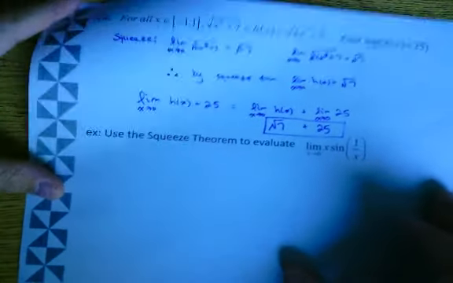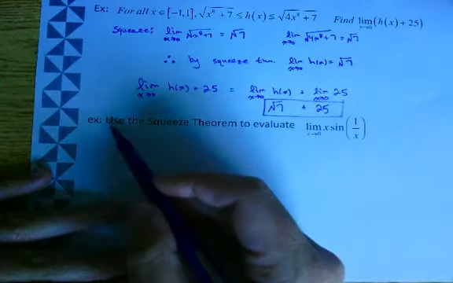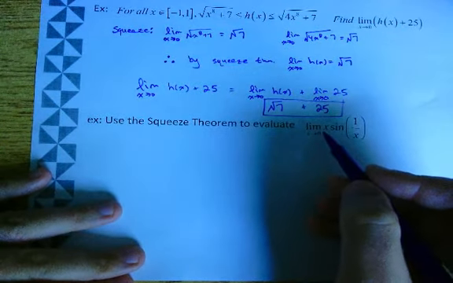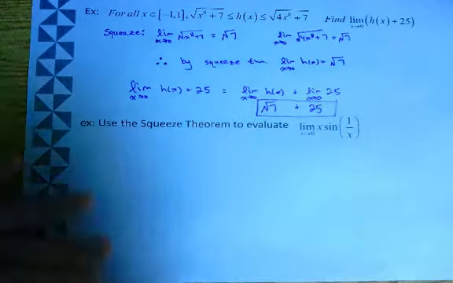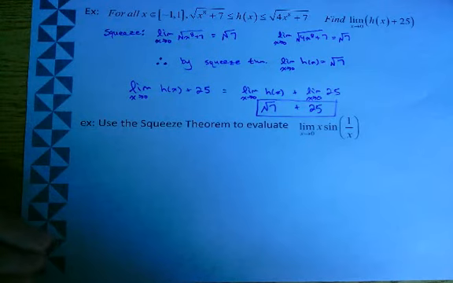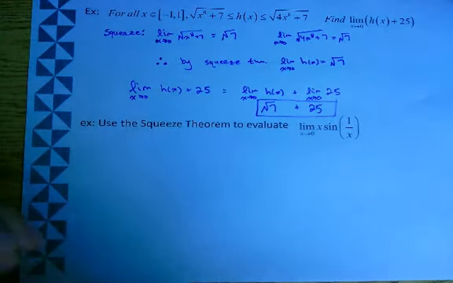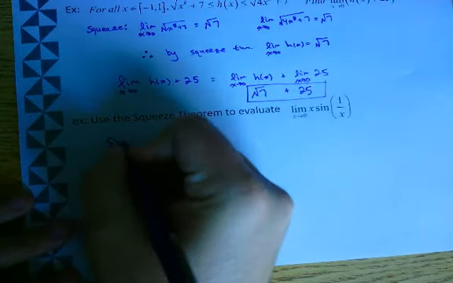And then the one below it, we're going to use the squeeze theorem to evaluate this limit right here. It's kind of a bummer for this one, it's not set up for us, so we're going to have to set it up.